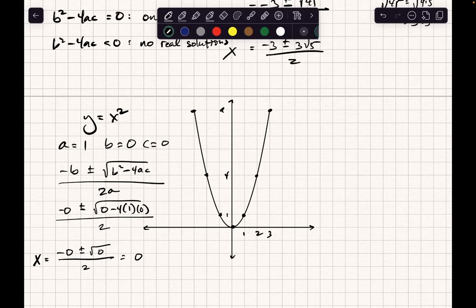So the fact that I had a discriminant of 0, I had one solution. If I have a graph that has one solution, how many times does it touch the x-axis? Once.